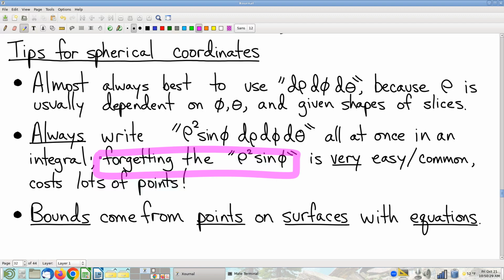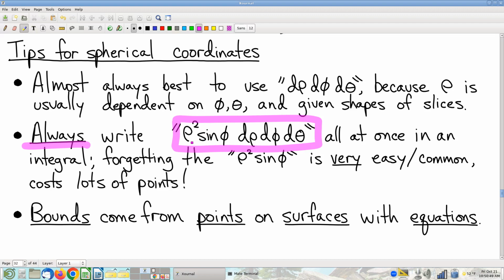That's it. And it's always the same. It's always rho squared sine phi if you're doing spherical coordinates. It's free money. Right? So don't leave that money on the table. Make sure to remember it. And again, the way you remember it is to always attach your stretching factor to your differentials. Write it down all at once, all at the same time.